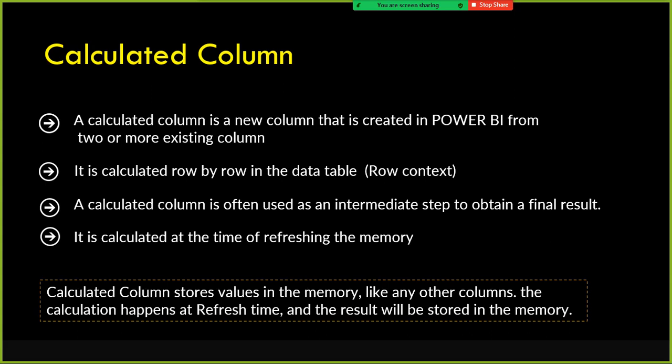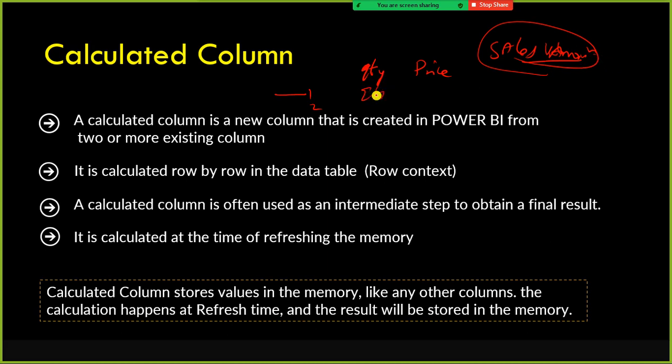In your data set you have quantity and price columns, and if you want to find out the sales value or sales amount for each line item, for each order, order ID 1, order ID 2, and that column is not there in the data set given to you, we need to multiply quantity into price in order to get the sales amount. So this is the derived variable, and this is called your calculated column.